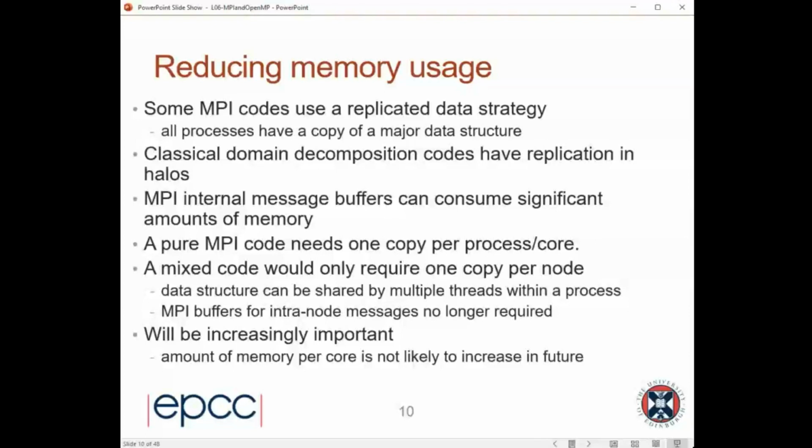Wouldn't it be nice if you'd written that program in OpenMP, you'd have just stuck that mesh, your grid structure, into a shared array and had one copy per node, which is 1 gigabyte. This used to be a bit of a corner case a few years ago when you had 2 or 4 CPU cores on a multi-core processor, but now we have hundreds. It's a really big deal.